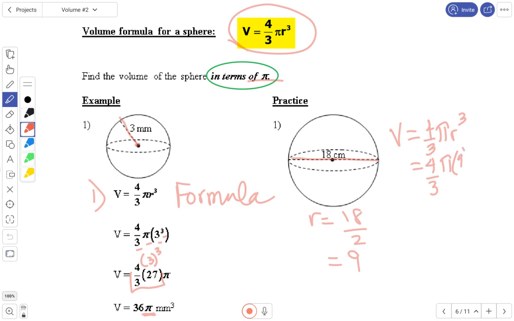So I'm going to do 9 cubed. Now, I can put this right in the calculator. Since it's in terms of pi, I'm going to put 4/3 times 9 cubed in the calculator. And I end up with 972. Pi will be in my answer because it's in terms of pi, centimeters cubed. And that would be my volume.